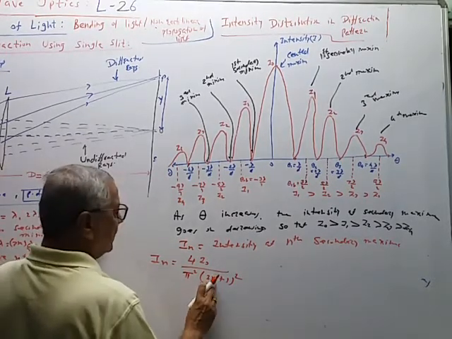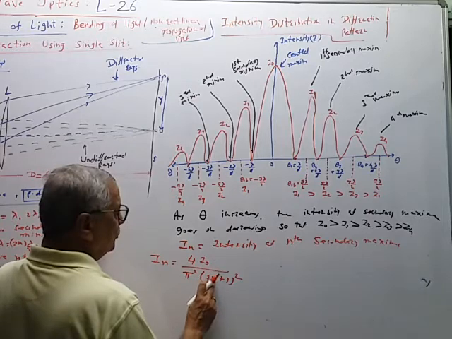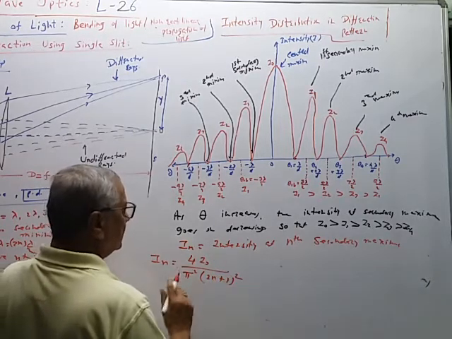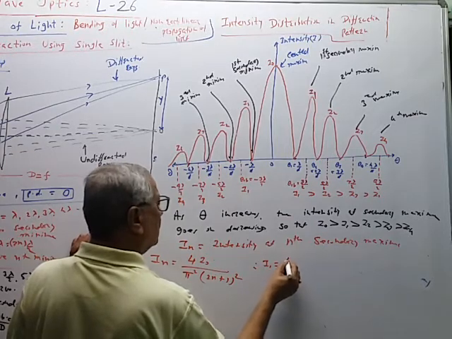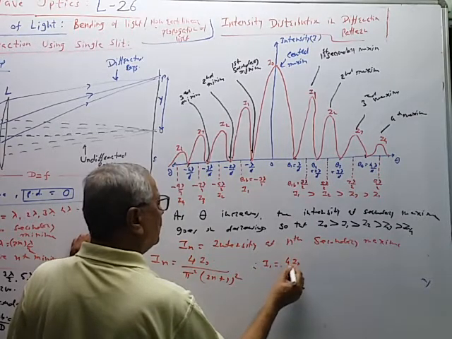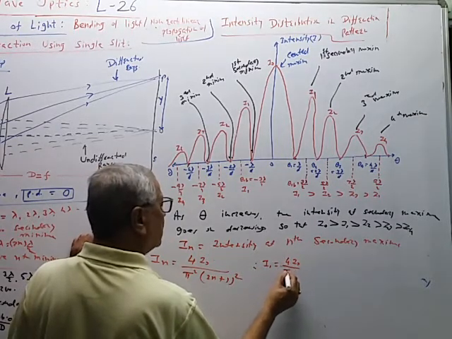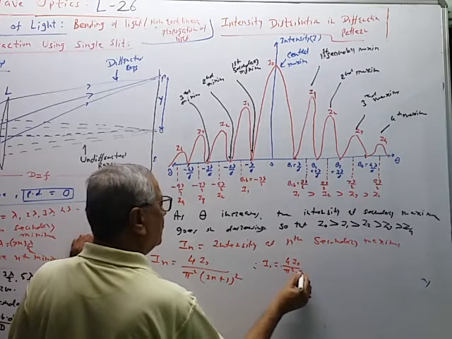So if you substitute n is equal to 1, then 2 plus 1 is 3, 3 squared is 9 only, and therefore I1 is equal to 4 times I0 upon pi square into 9.